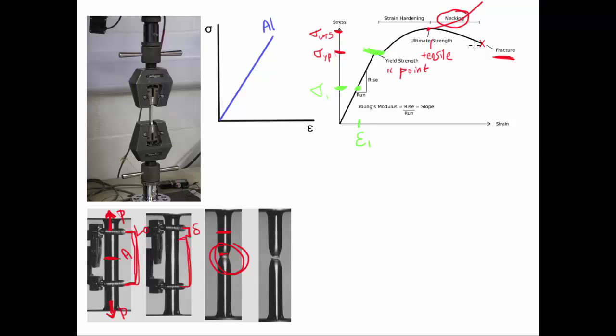Now that does not indicate the object is made of plastic. To say something is deforming plastically simply means that if you're applying a stress and you remove that stress, the object does not return to its original length. It might shrink back a little bit, but it will not return to its original length. Okay?